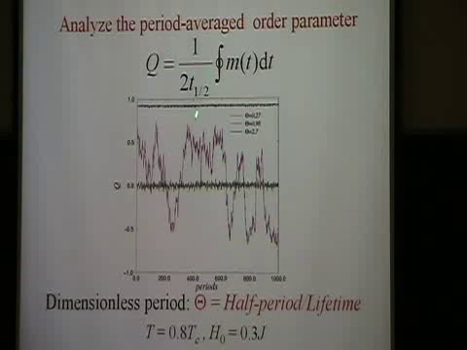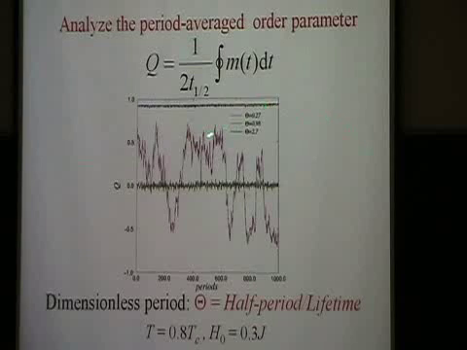On the other hand, when I drive it very fast, then I don't switch by and large, and at least for long time periods, the system will just sit near one or the other of the equilibrium states and oscillate with very small amplitude around that.